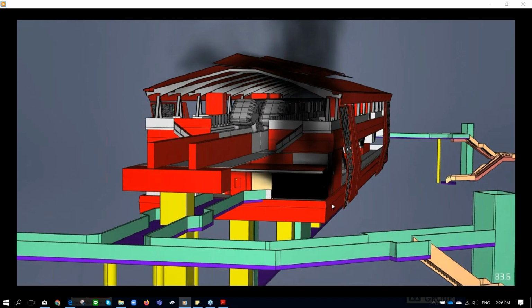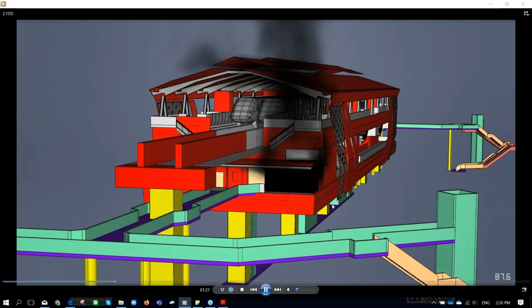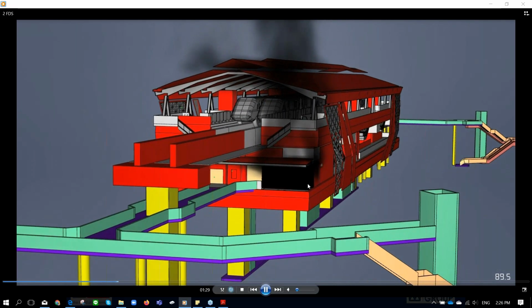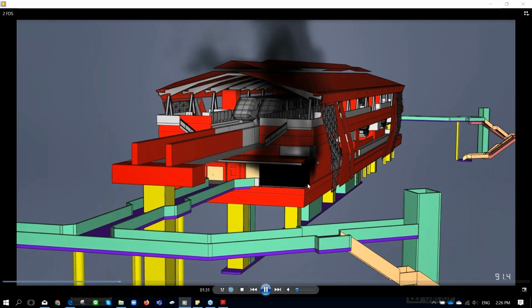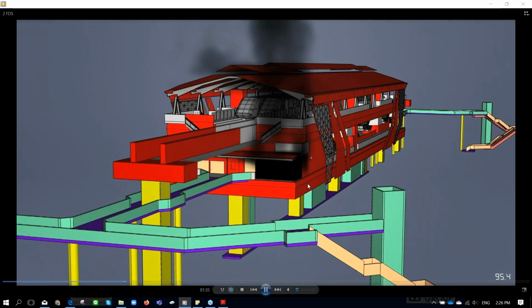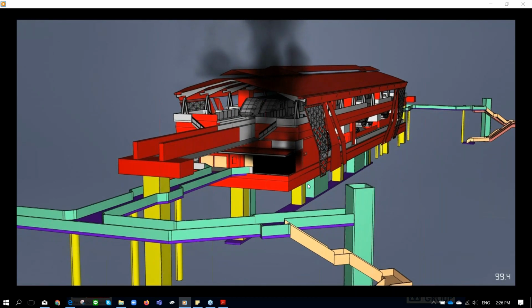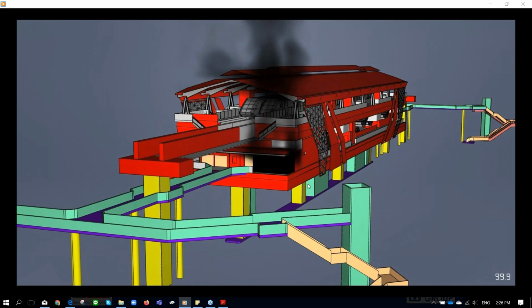However, this simulation could not really say that our passengers are safe, because you simulate without any passengers, without any evacuation activities.